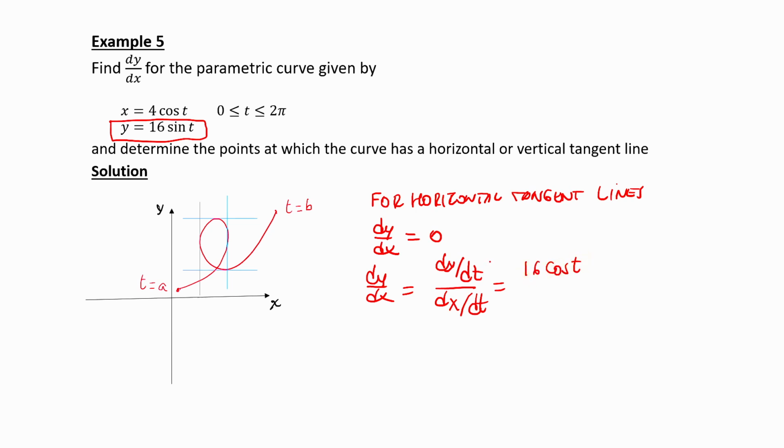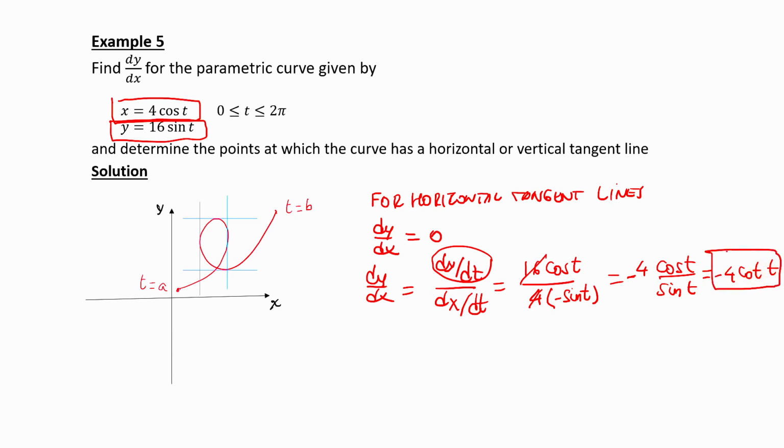X is 4 cosine of t, so dx/dt will be 4 times the derivative of cosine, which is negative sine of t. We cancel common factors: 16 over 4 is 4, and then cosine of t over sine of t, and that negative sign we can write up front. We can also write this as negative 4 cotangent of t. So we got this portion here.